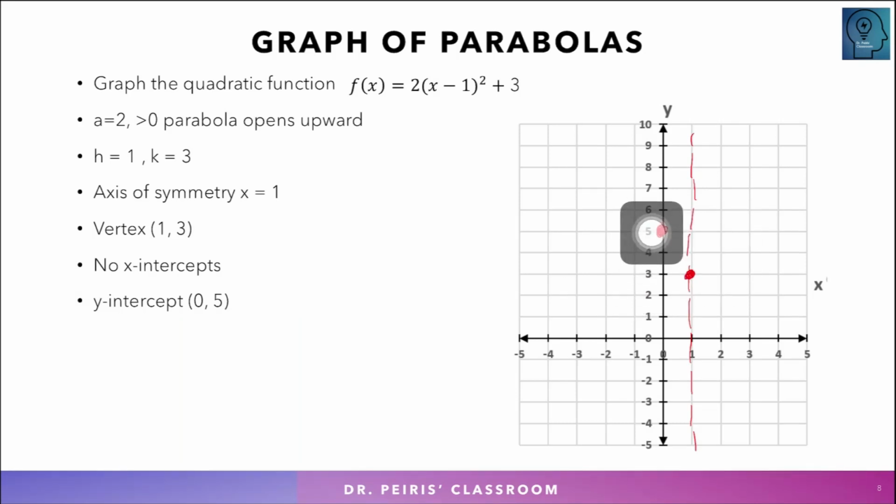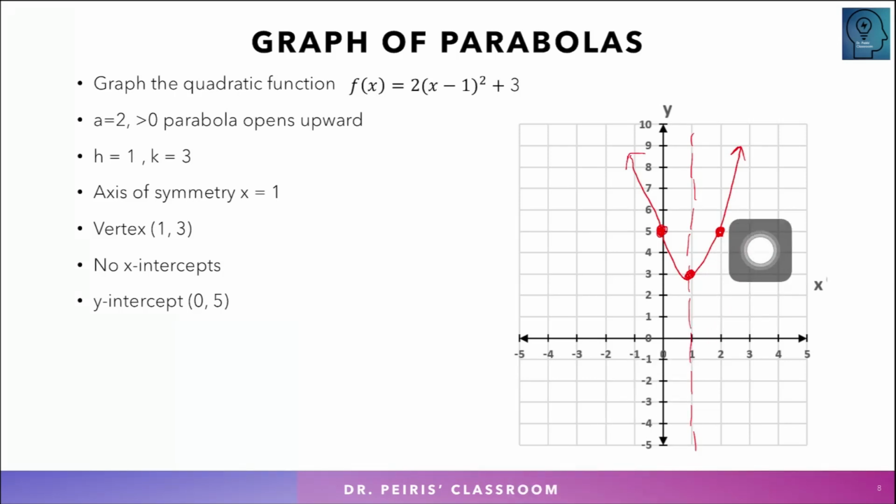This point is at 5, within 1 unit on the x-axis from the axis of symmetry, which means we should have a similar point on the right hand side within 1 unit, and the value should be equal to 5. Now you have all the 3 points, so you can draw the parabola.